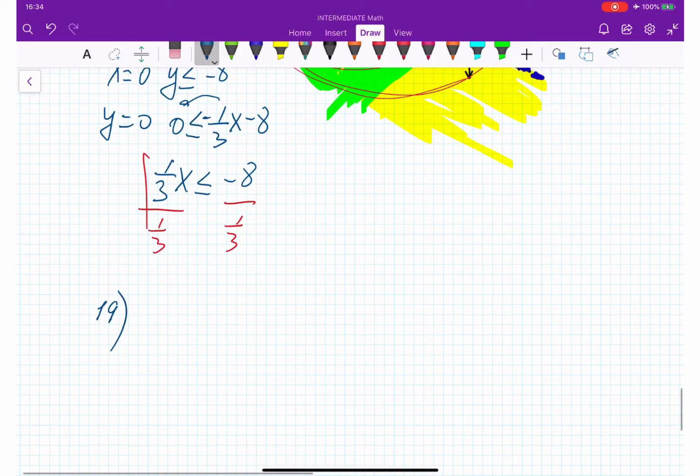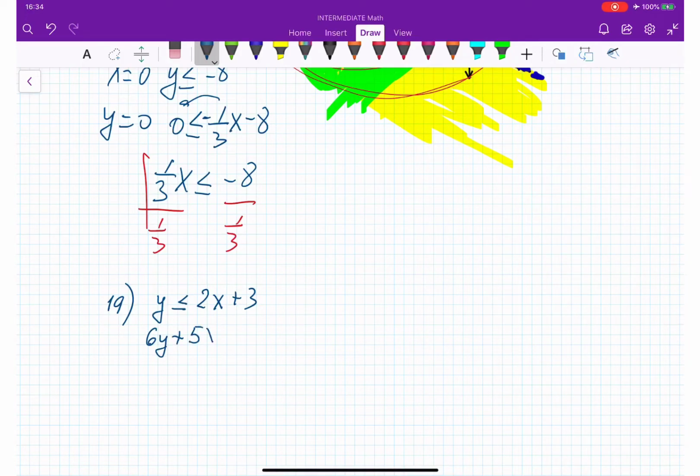So y is less equal 2x plus 3 and 6y plus 5x less equal 12.